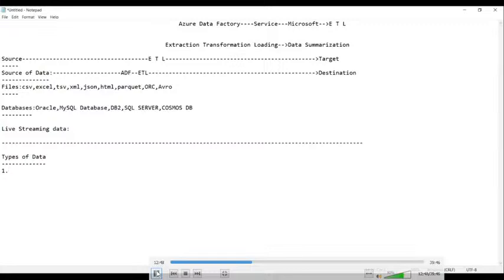The first one is called structured data. The second one is called semi-structured data.